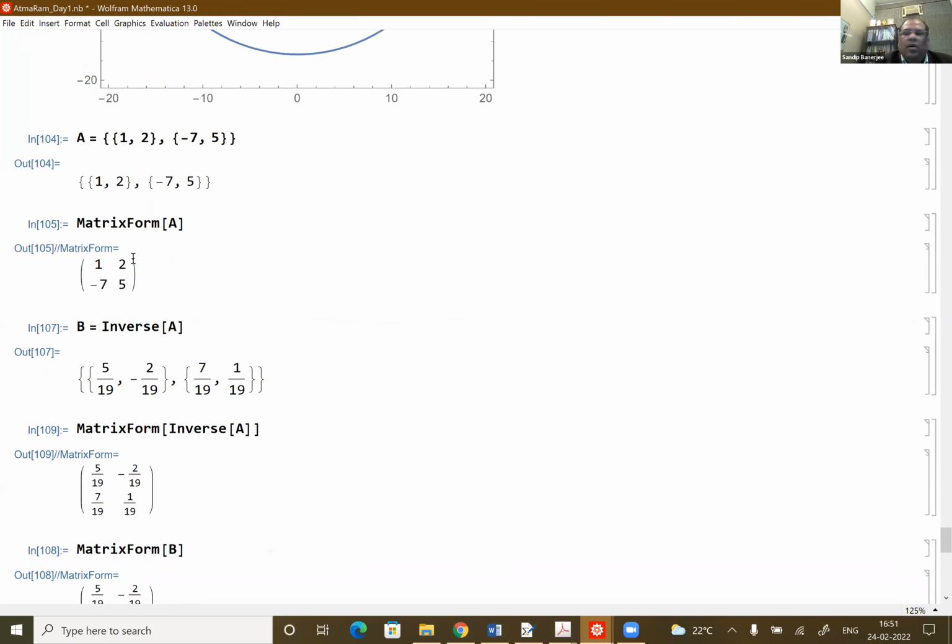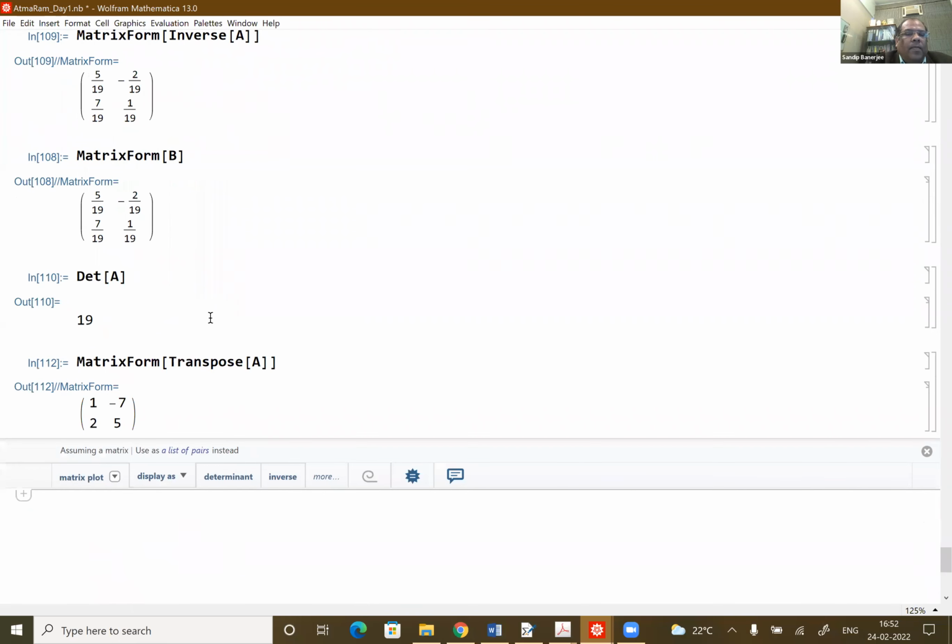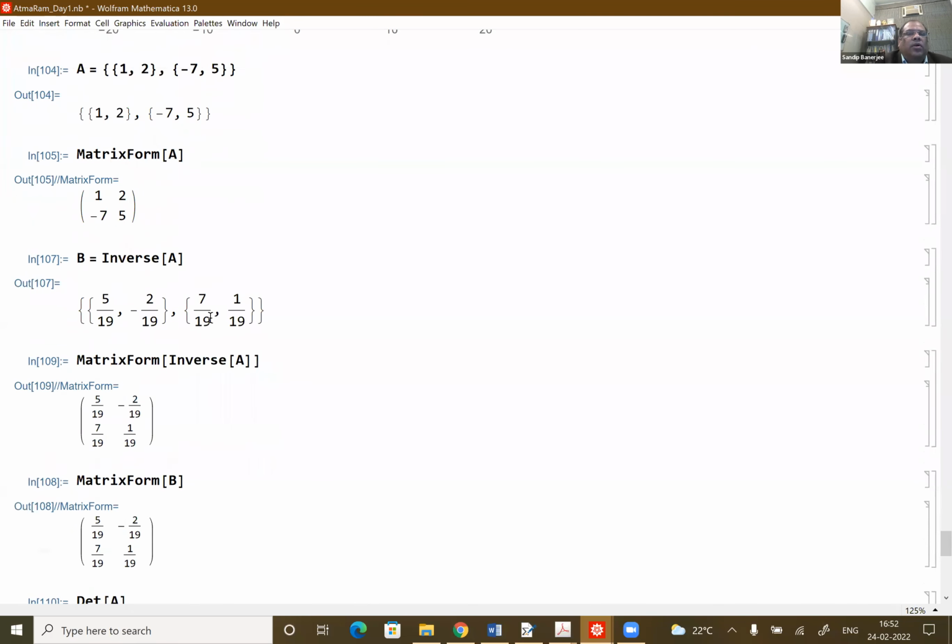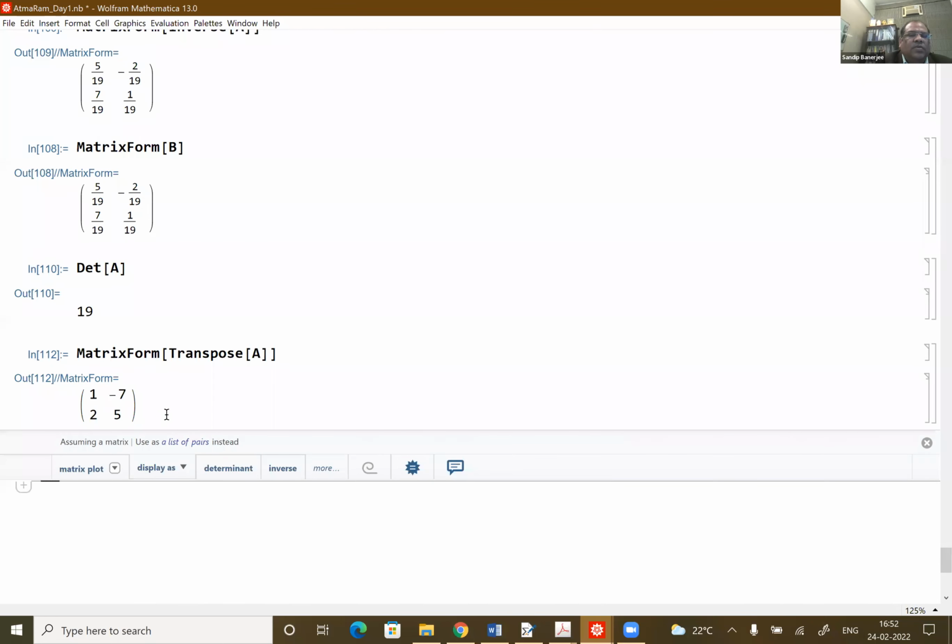So it was 1, 2, minus 7, 5. The transpose: rows are changed into columns, so 1, minus 7, 2, 5.